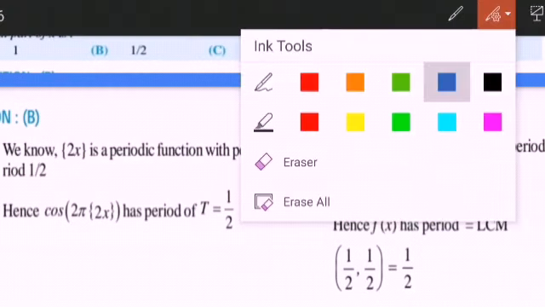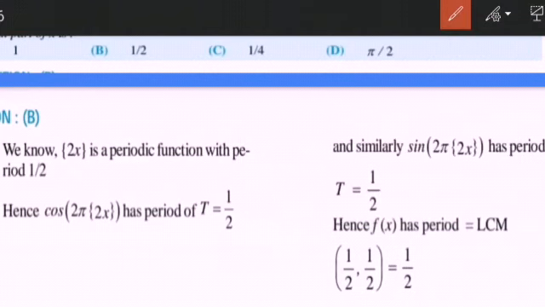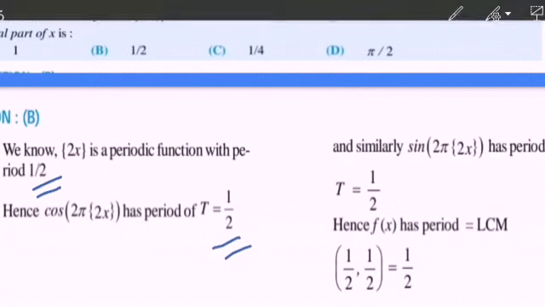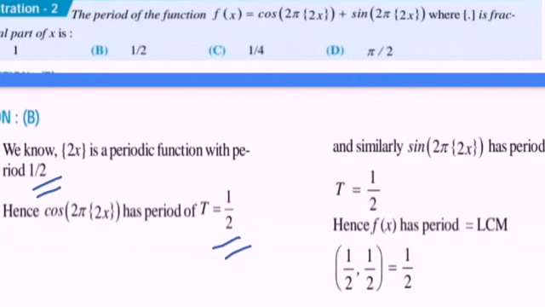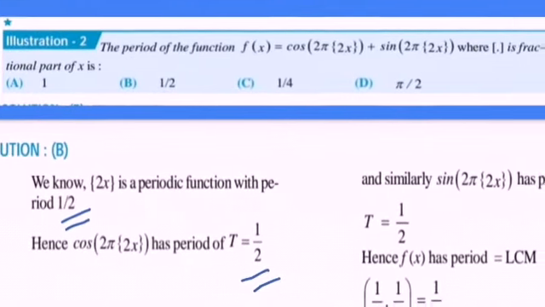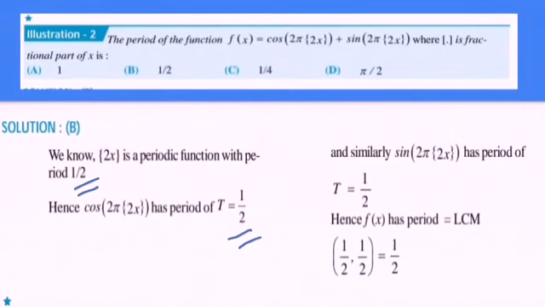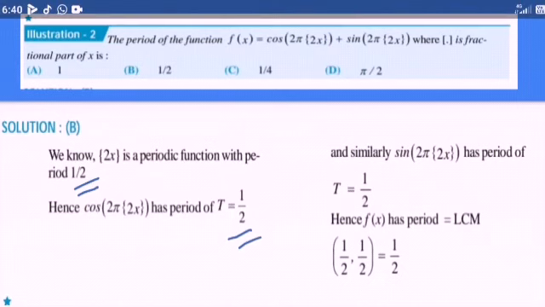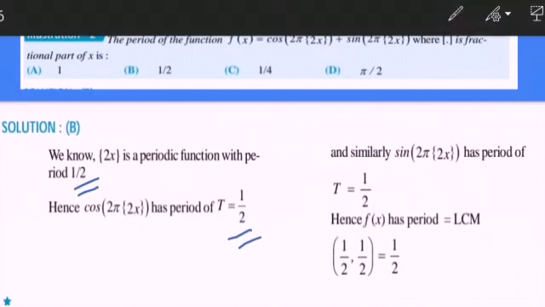So the period of the entire function cos 2 pi 2x, and the other one, sin 2 pi 2x, is also the same, 1 by 2. Here you take the LCM, 1 by 2. So B option is correct.